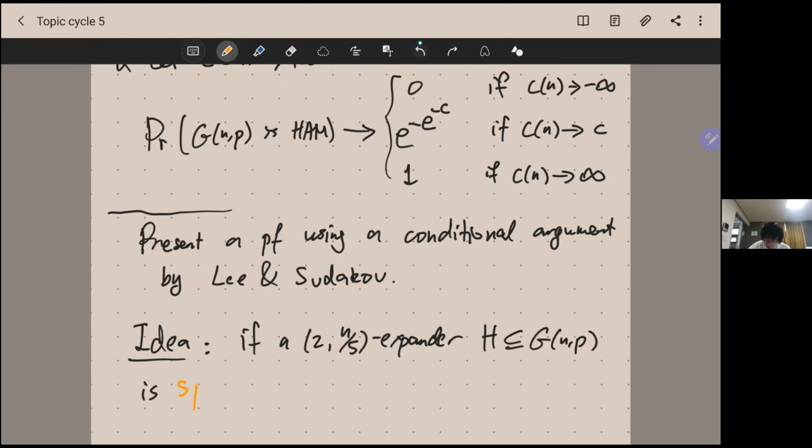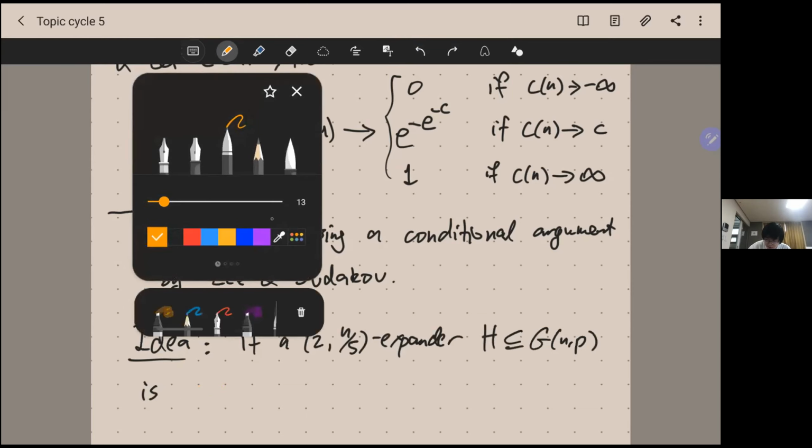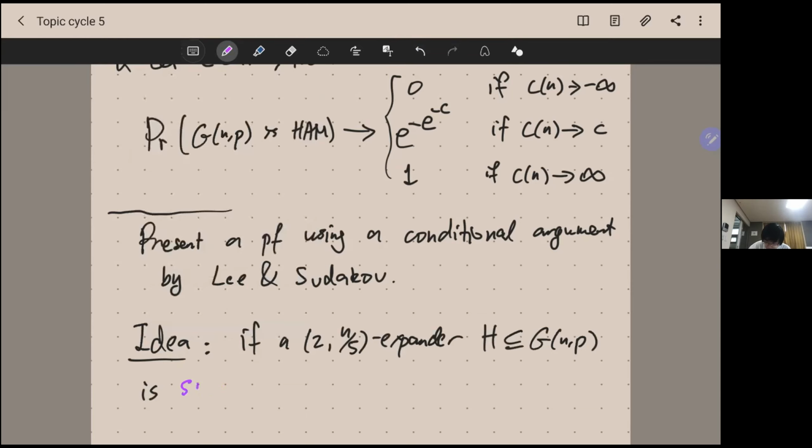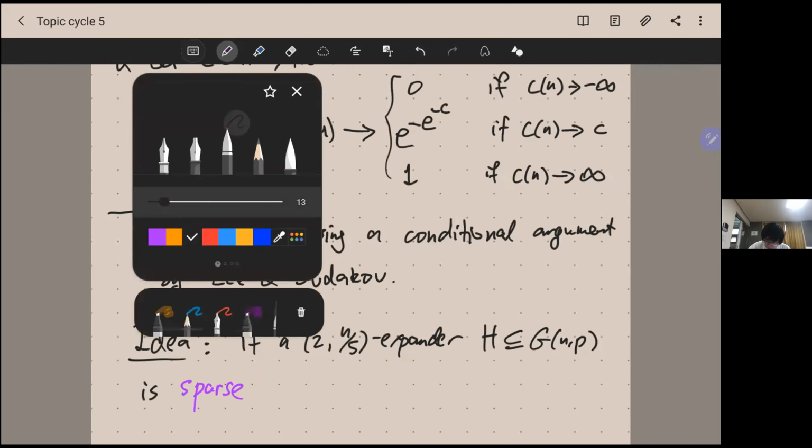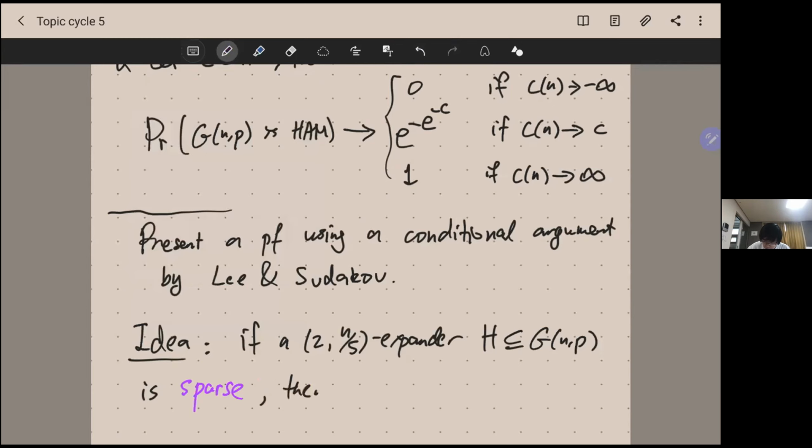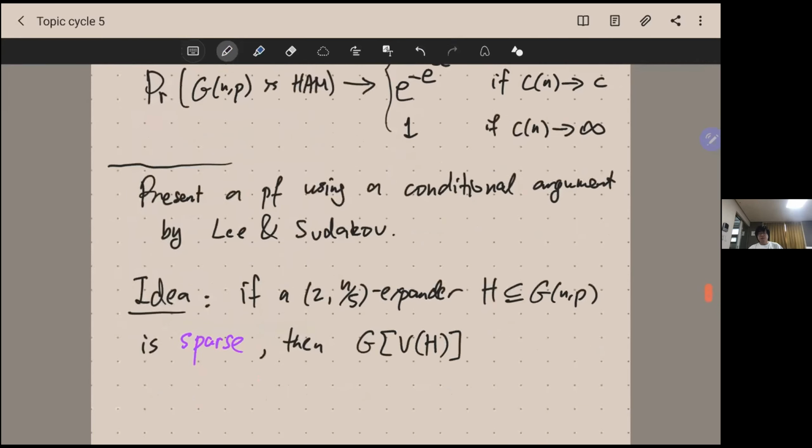This color is not so ideal. I want it to be sparse. Then, in fact, if we look at G(n,p) on top of this sparse expander, it's already Hamiltonian, almost surely.